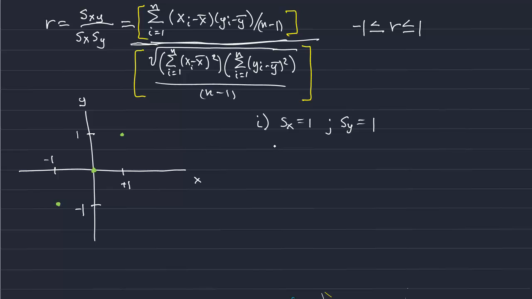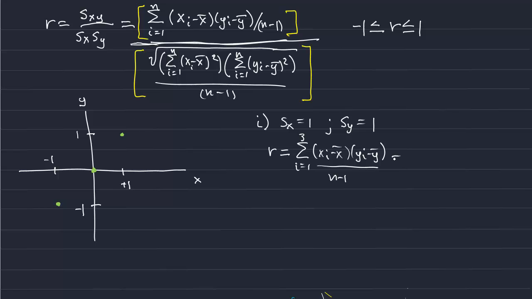And therefore, let's look at r. R is equal, again, to the sum over 3 values of the product of the deviation of x and y from the mean. I'll go ahead and write it out: the sum from i equals 1 to 3 of (xi minus x bar)(yi minus y bar), all over n minus 1. And x bar and y bar are both 0, right?